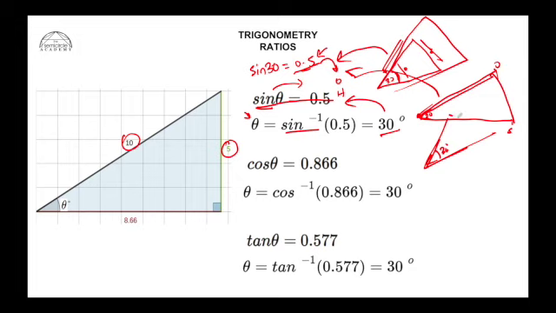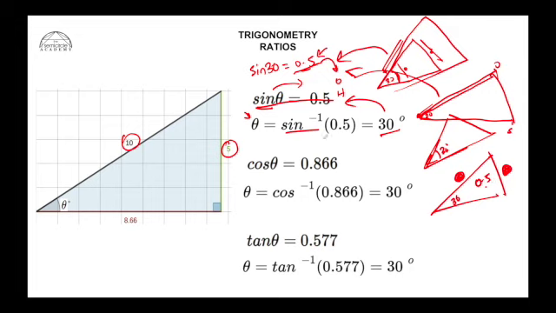That means that the ratio, no matter how big the triangle is, if you have a 30-degree angle, the ratio of this opposite to the hypotenuse will always be 0.5, no matter how big or small the triangle is.